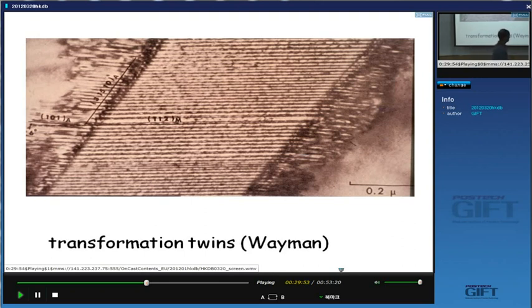So the high dislocation density is due to plastic relaxation of shape change.